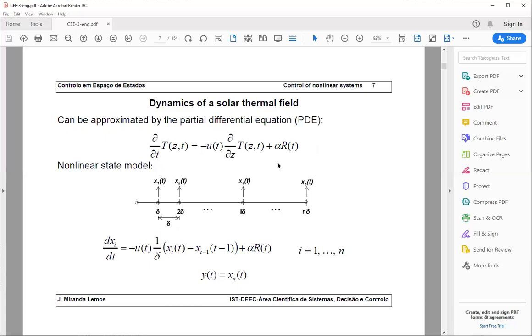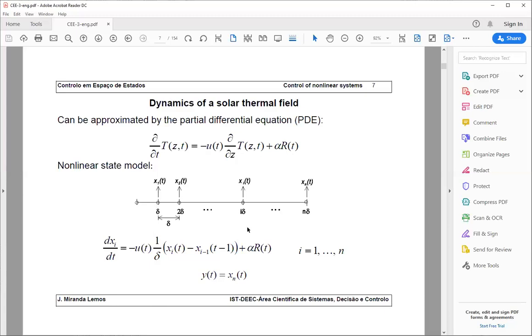One effect is the second one, which is that the temperature rises due to solar radiation. So alpha is a positive constant. And the other term says that you are moving to the right in the sense of the flow. Okay, this is not completely obvious, but the proof is very simple, although we are not going to do it.